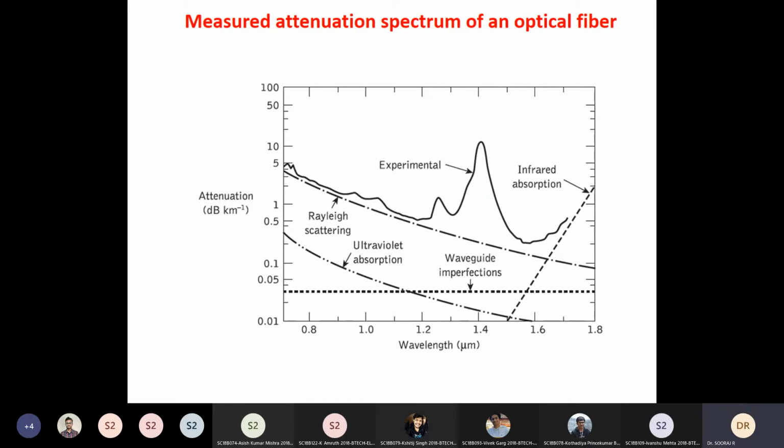So this is the experimentally measured attenuation spectrum or the absorption spectrum of an optical fiber. These two peaks that you see here are because of the presence of water vapor. We are going to work somewhere around this wavelength and also somewhere around this wavelength, which is around 1300 nanometer and 1550 nanometer.